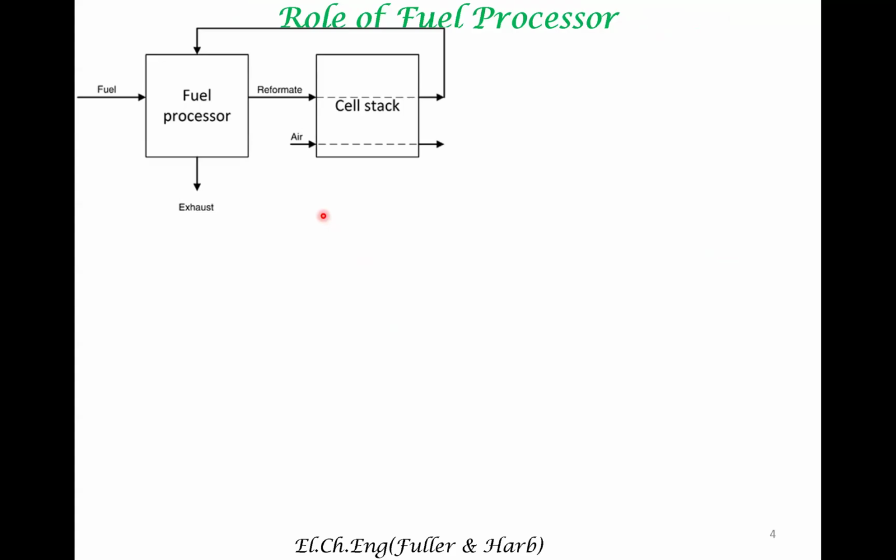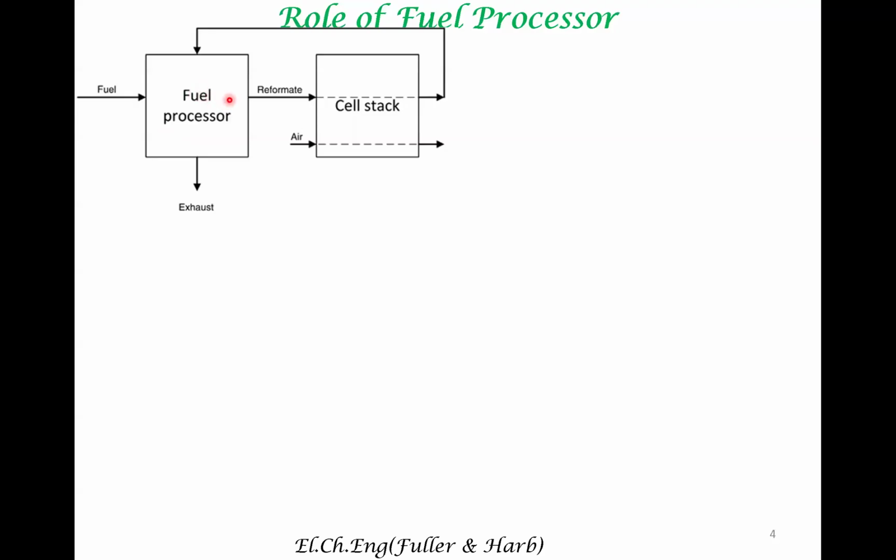Most of the fuel cells, or in fact almost all of the fuel cells, have a fuel processing step. The fuel processing step might involve, let's say, removal of certain impurities, or in some cases it might be more complicated, wherein some catalytic reaction via a heterogeneous catalyst occurs in this fuel processor.